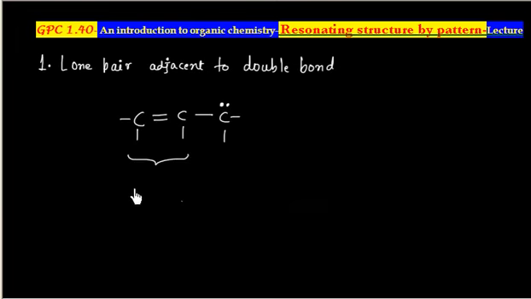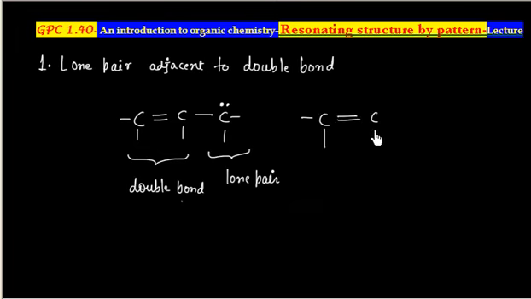So here we have a double bond, and this atom contains a lone pair. Not necessarily carbon, we can have nitrogen, or we can also have oxygen. So again we have a bond pair, that is a double bond, and we have a lone pair.